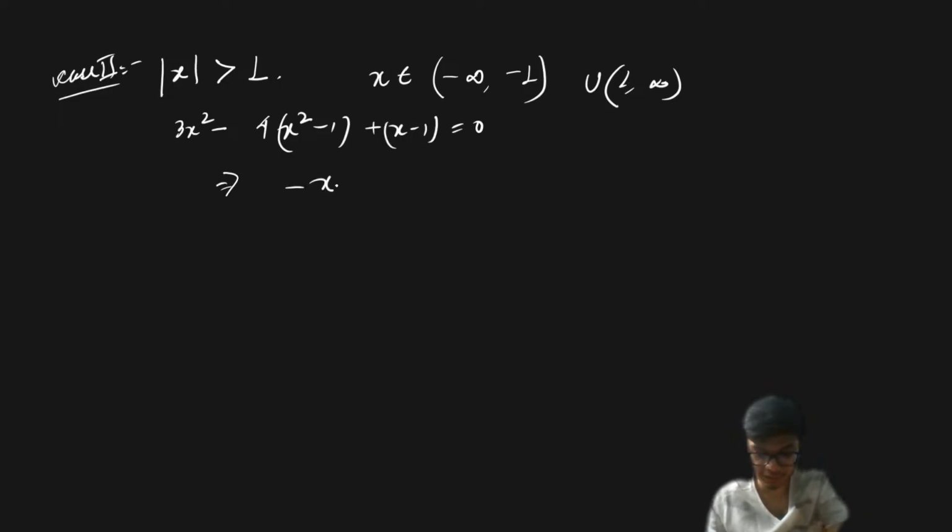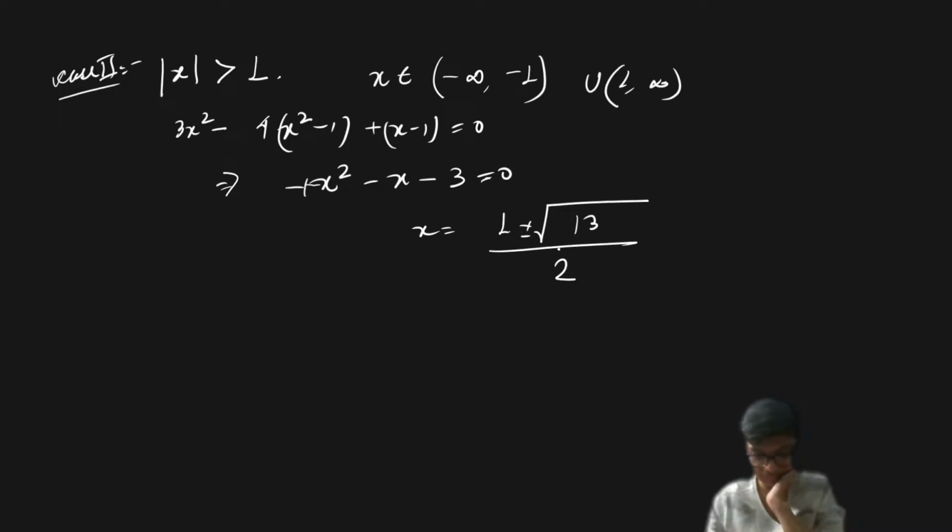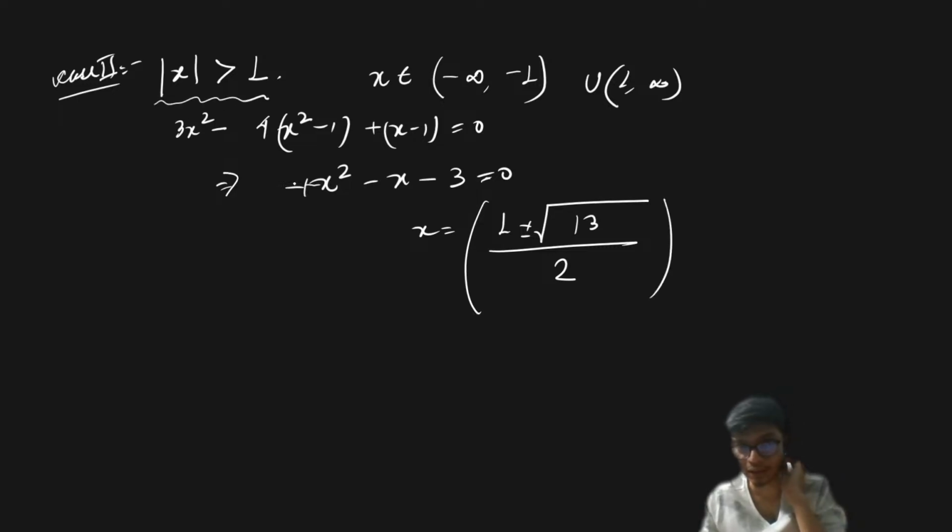On solving, I get x square minus x minus 3 equals 0. Therefore, x equals 1 plus or minus square root of 13, divided by 2. Here also both values of x lie in this interval. Hence, here also I will have two real roots.